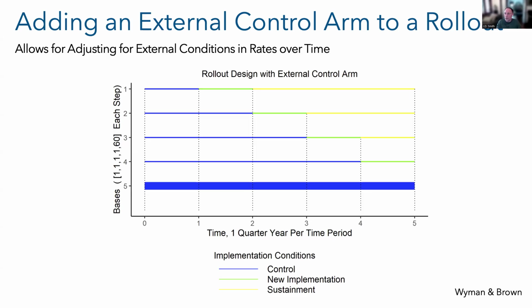They are literally naive to their inclusion in the study. We are only using them for their data for the control condition, and we're able to do that because of that central nature, and also they collect the exact same data elements routinely as we're using to evaluate the suicide prevention program in the 4 active bases.